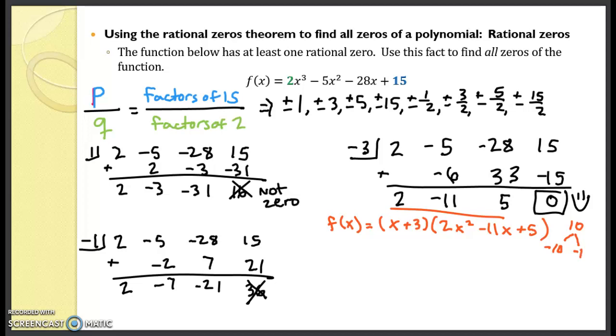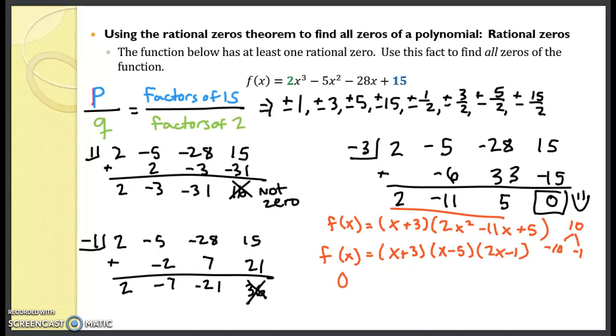Okay. And then after we do some factoring, we're going to end up getting x minus 5 times 2x minus 1. And this is our function. So we factored this piece down to those two pieces.